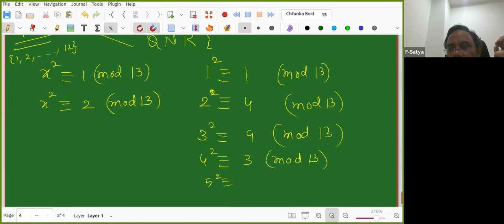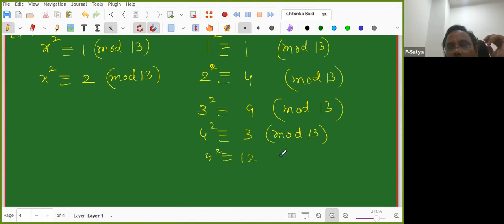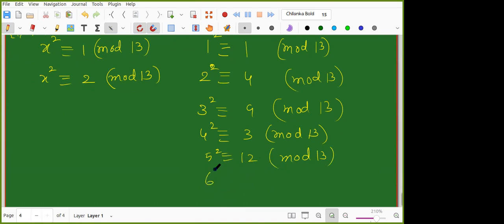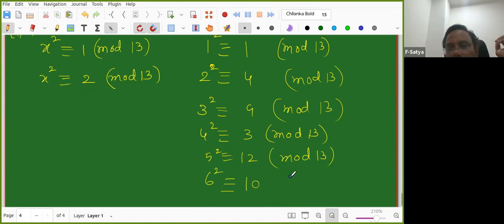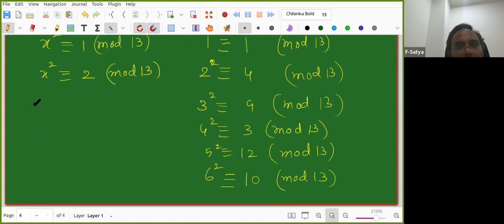Now what about 5²? 12. What about 6²? 36, which is 10 modulo 13. Correct. Very good. So now I do not need to compute 7².